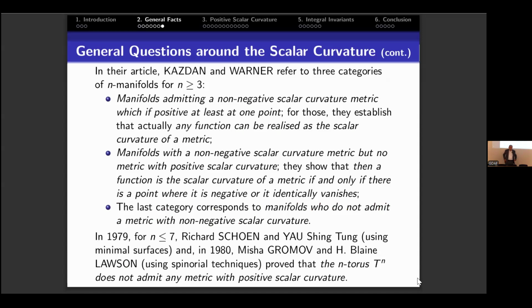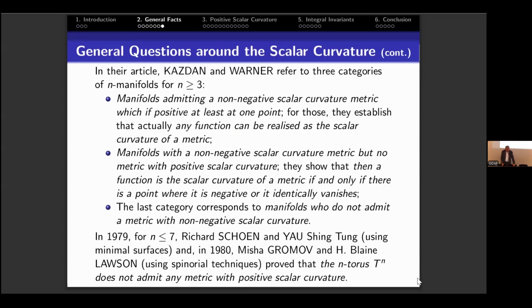And so that was 1975. In 1979, Schoen and Yau showed this for dimension less than 7, because they're using minimal surfaces. So, you know, starting with dimension 8, you may have singularities for minimal surfaces. And later on, in 1980, it was improved by Gromov and Lawson, using spin-oriented techniques. I'm going to explain that in a minute.